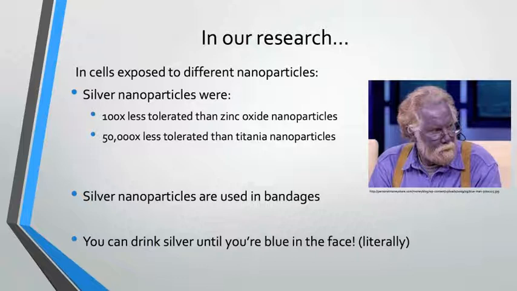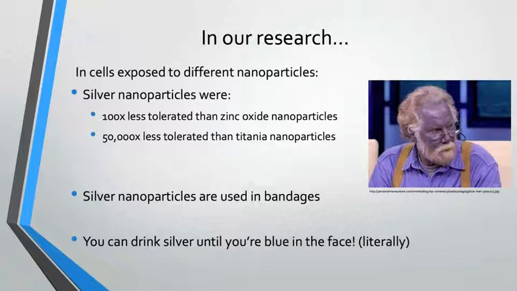That's 50,000 times better tolerated than the silver. In fact, in these experiments, there's so much titania in with the cells, it actually looks like they're growing in white paint. It's actually quite hard to believe they're still alive in there, but they seem to be not only alive, but quite healthy. So the titania is really biologically ignored. The cells don't seem to interact with it.